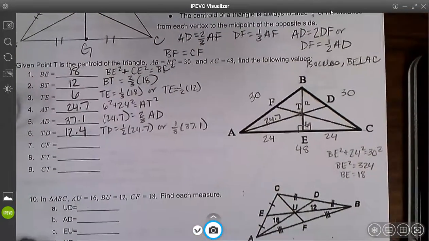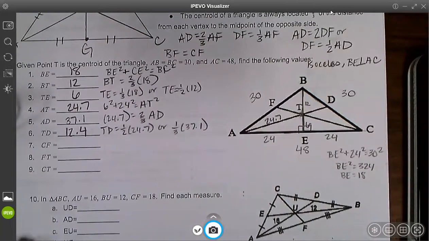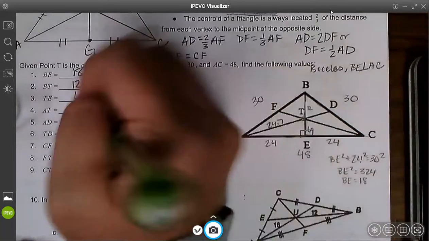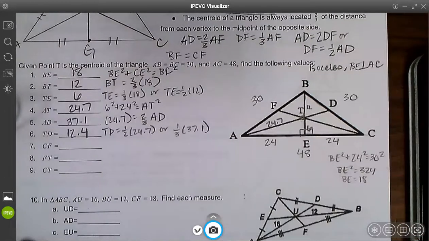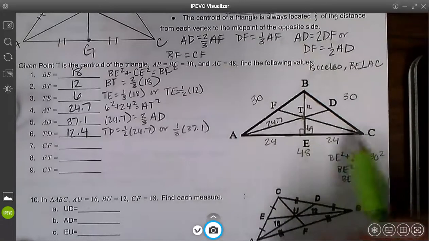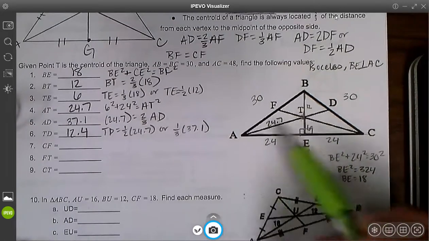CF, FT, and CT. CF is going to equal AD because this is an isosceles triangle. So you could also still use the Pythagorean theorem to find CT and then use that to find FT, but it would be the same because this is 6 and 24 and this is 6 and 24.